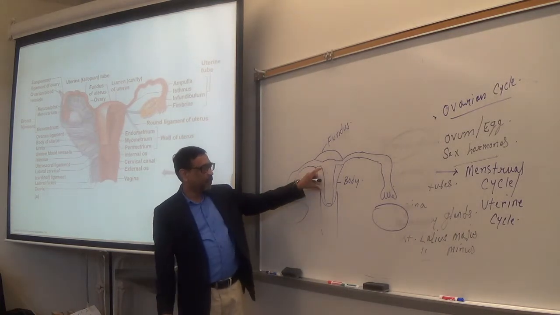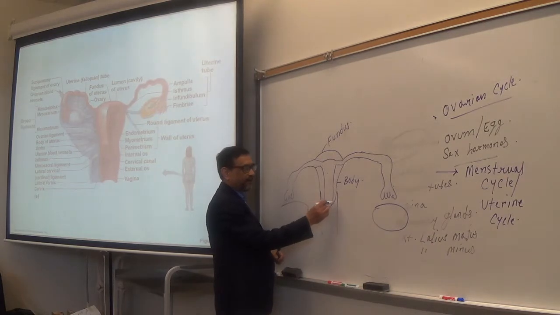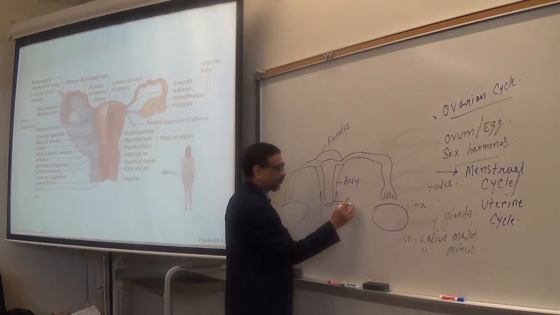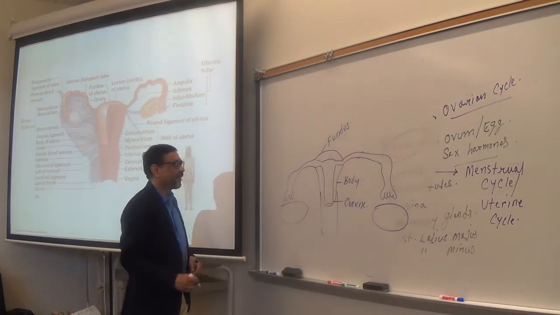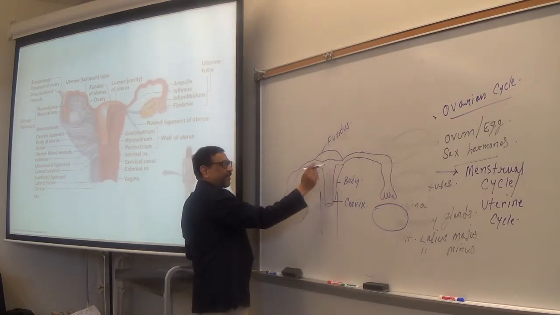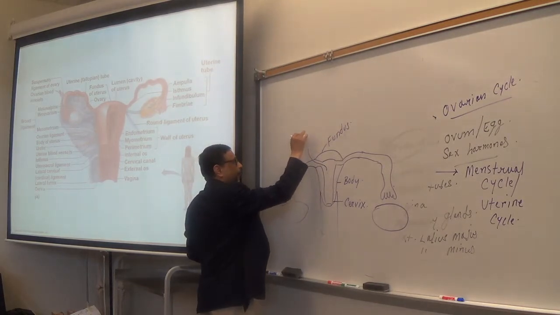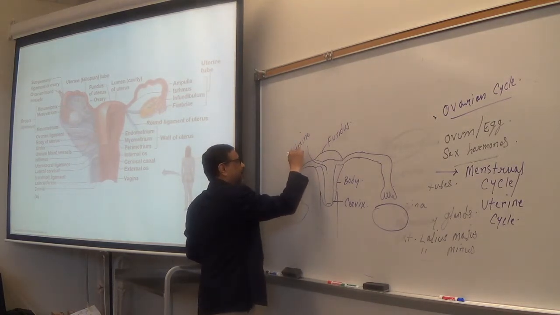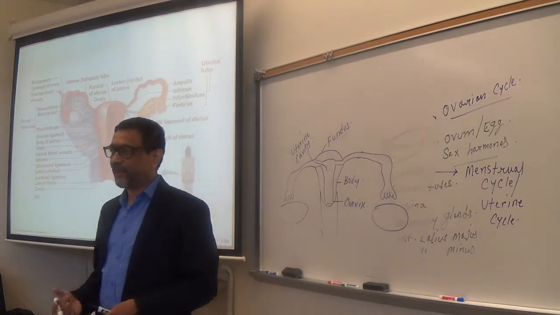This middle white part is the body, and the lower end is called the cervix. Cervix of the uterus. Okay, and the cavity inside is called the uterine cavity. Makes sense, right? Uterine cavity inside the uterus.